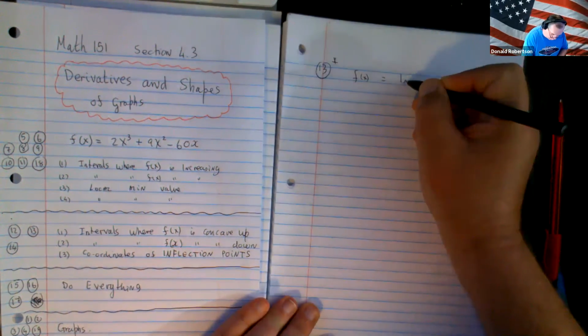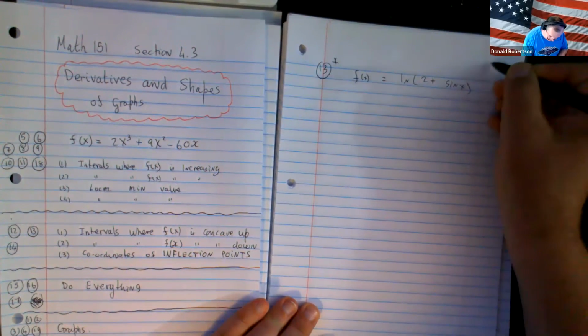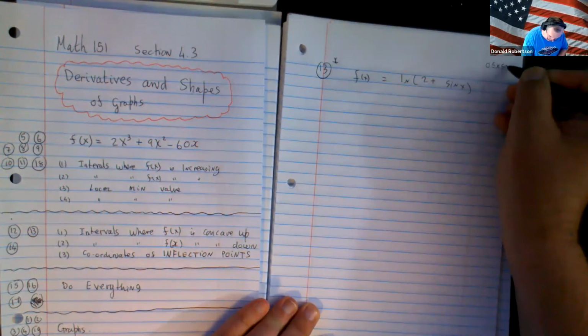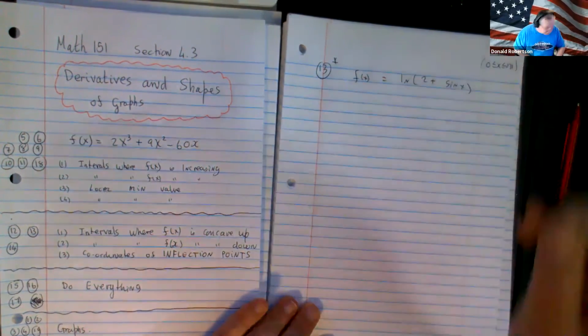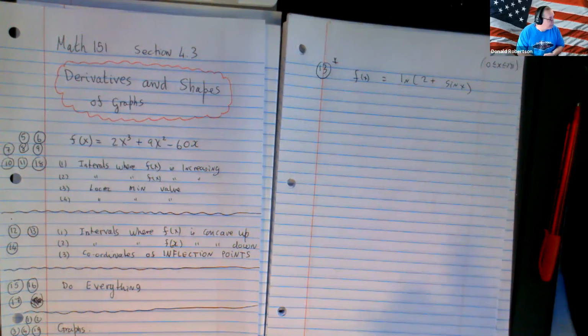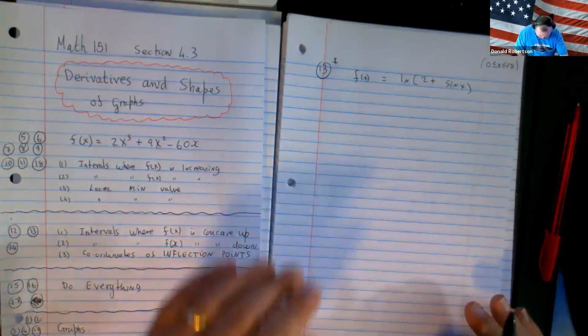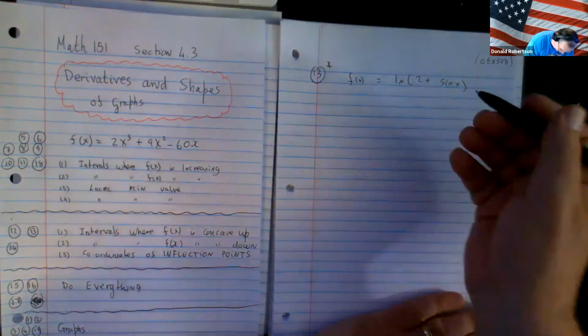So we are being asked in this question, and they're doing that 0 to 2 pi because of the sine thing, to find intervals where it's concave up and intervals where it's concave down and the points of inflection. So this is second derivative stuff.